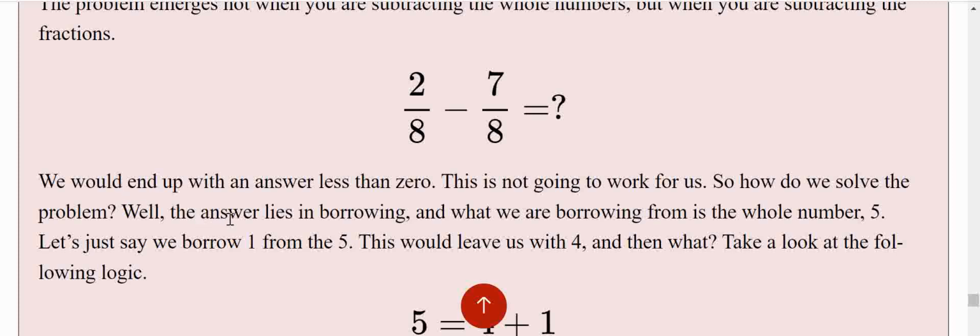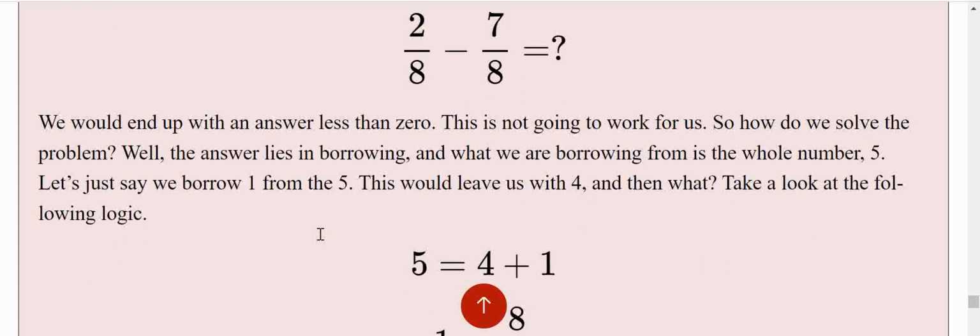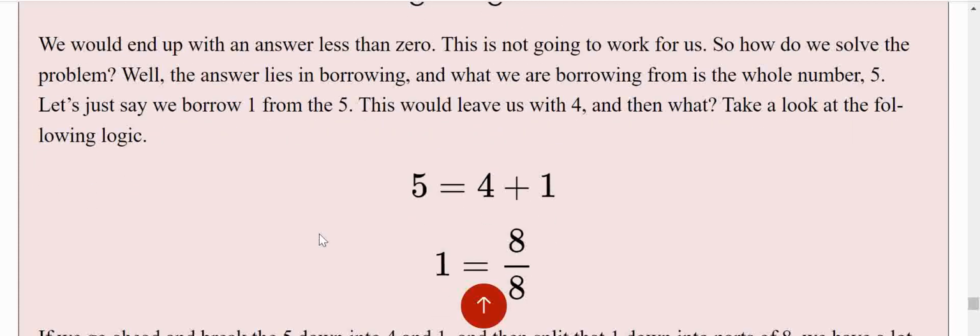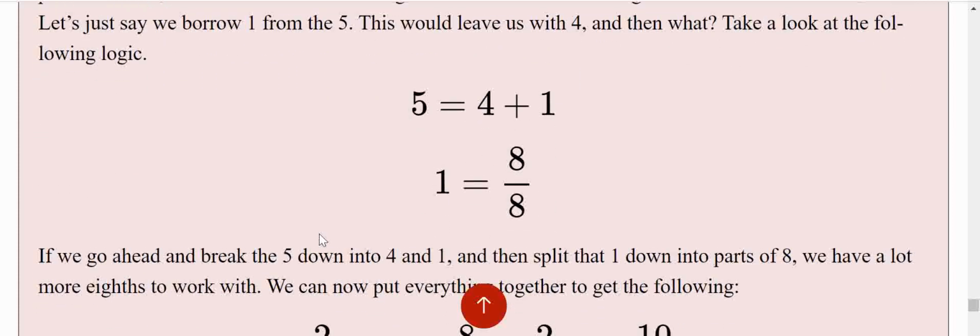Well, the answer lies in borrowing, and what we are borrowing from is the whole number 5. Let's just say we borrow 1 from the 5. This would leave us with 4, and then what? Take a look at the following logic. 5 equals 4 plus 1. 1 equals 8 over 8.